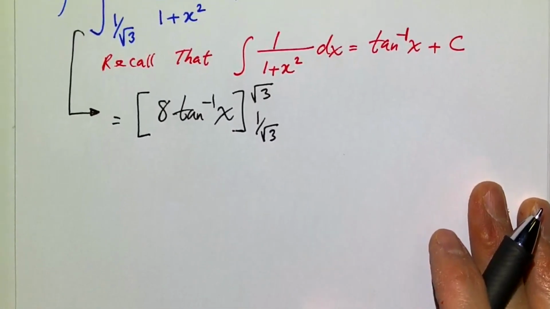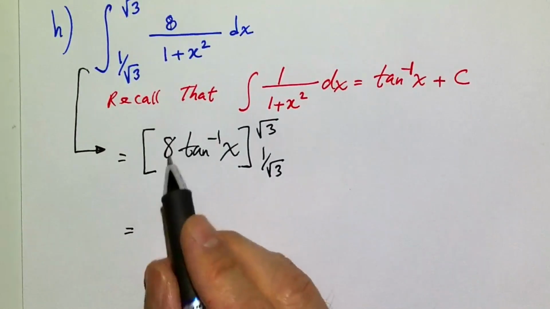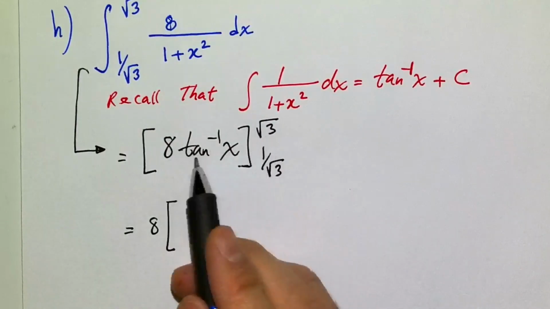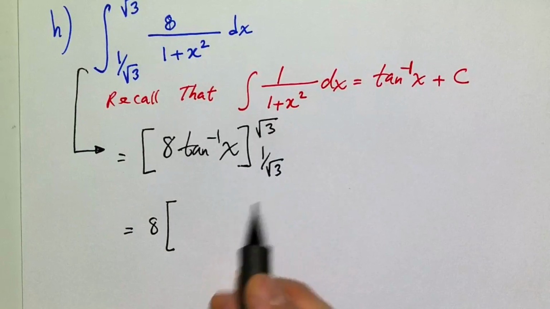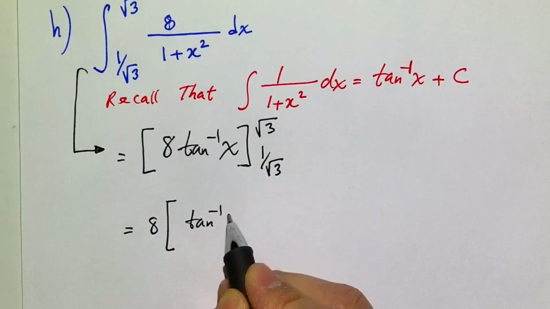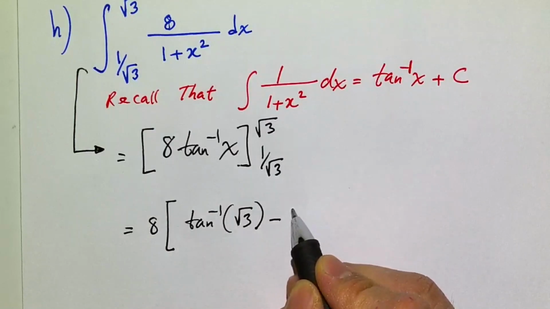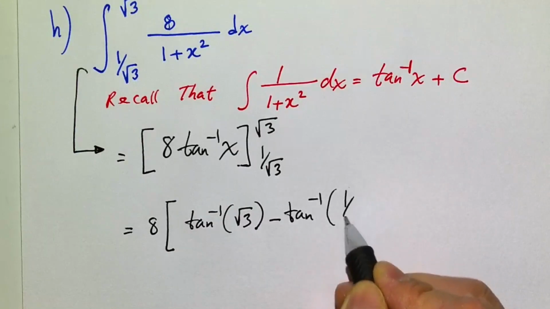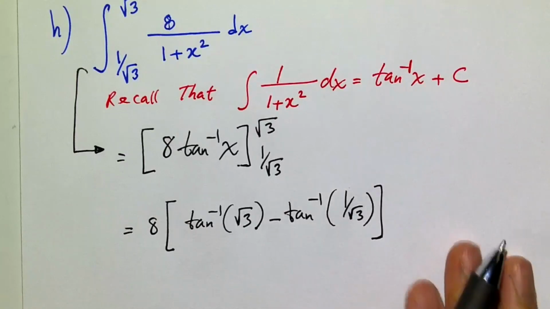Okay, so then we have, that is equal to, we can bring the 8 out and factor it, and then calculate this function at the upper limit minus that at the lower limit. So we have inverse tangent evaluated at square root of 3 minus inverse tangent, like that, evaluated at 1 over square root of 3.